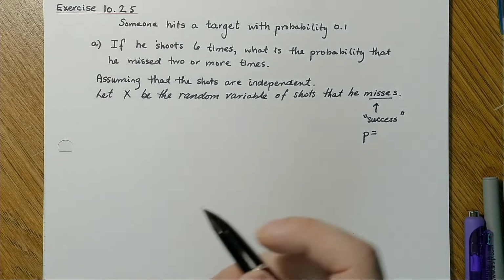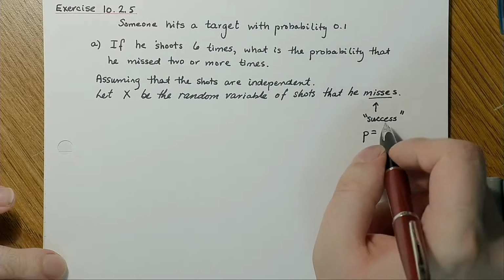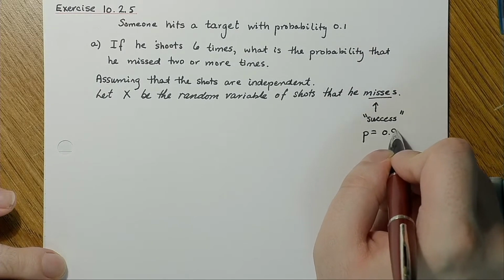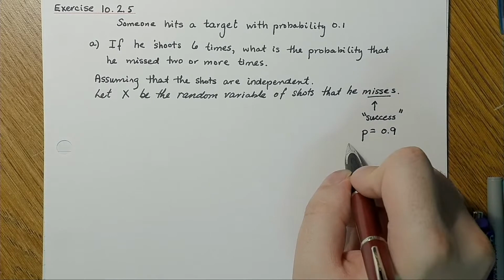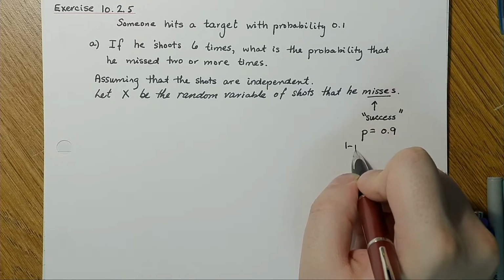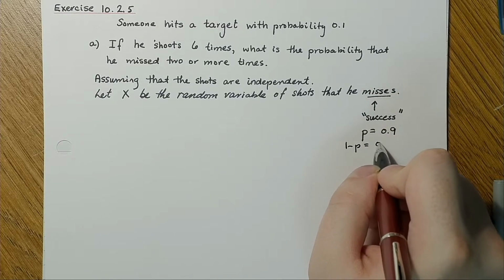Somebody wrote sad face. Somebody wrote, oh yes, so it's 0.9. And so then his failure would be 0.1.